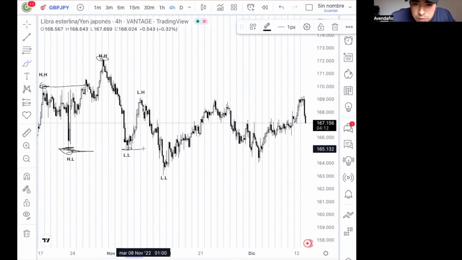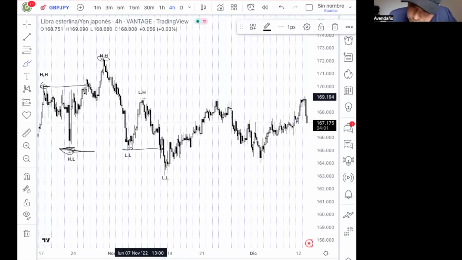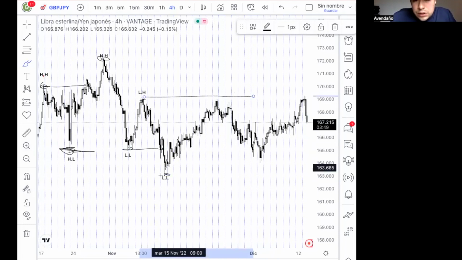It did make a candle body structural break, as it did right here. Where did the price come from to create the structural break? It came from the lower high, so basically this point. Now, where did the price go to? So identifying the new structural point, and then the operative range and the fractal validation.